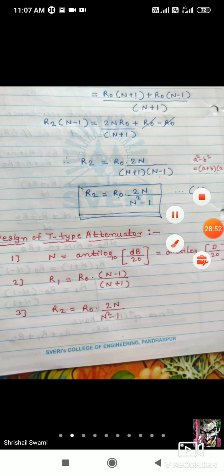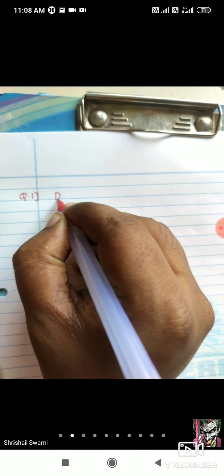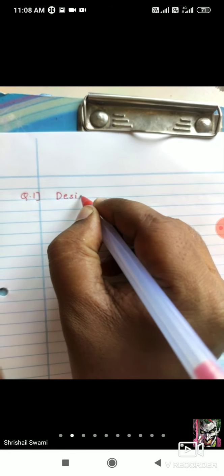Okay, so we are going to start to solve the problem. Such type of problems they will ask for 4 marks, and compared to filter it is very easy again. So design T-type attenuator.